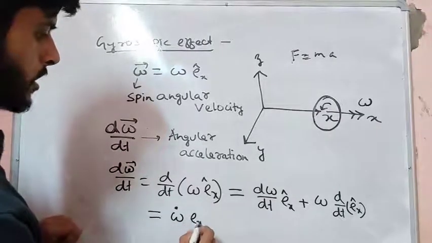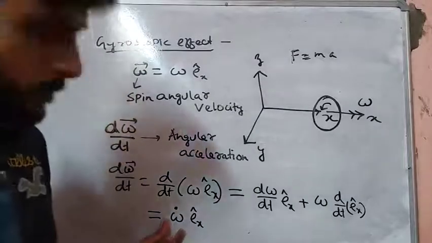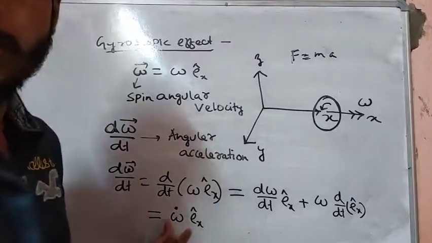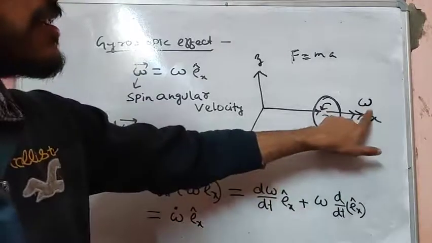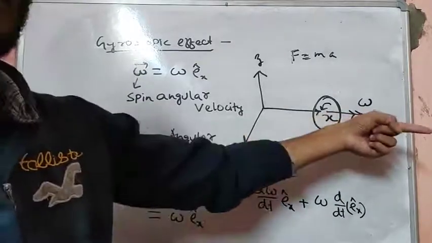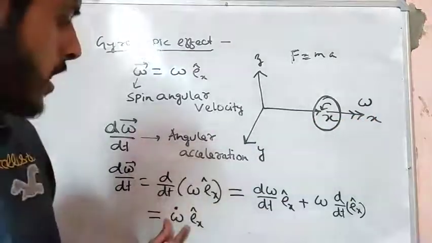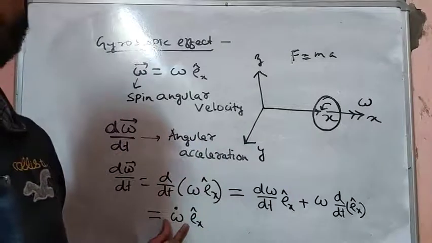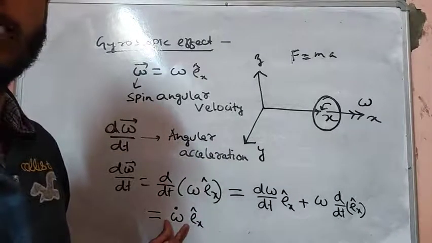The direction of this is along the ex direction only. This signifies the rate of change of magnitude of the angular velocity, right? If the angular velocity has a direction along the x direction and its magnitude is only changing, that means we have an angular acceleration which is changing the magnitude of the angular velocity.